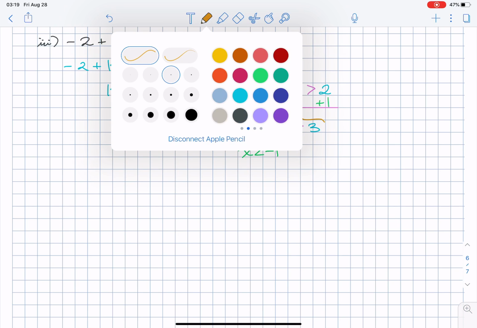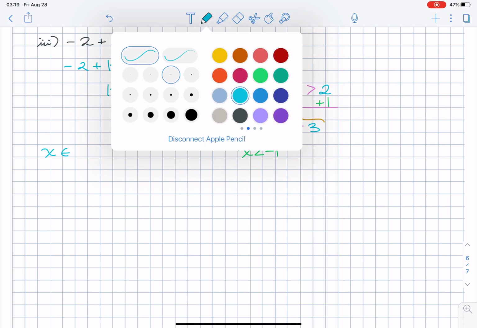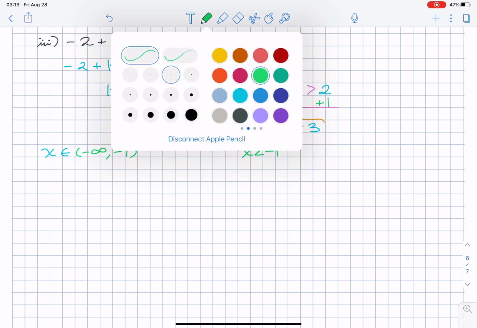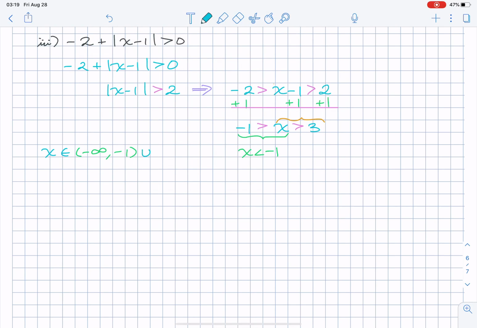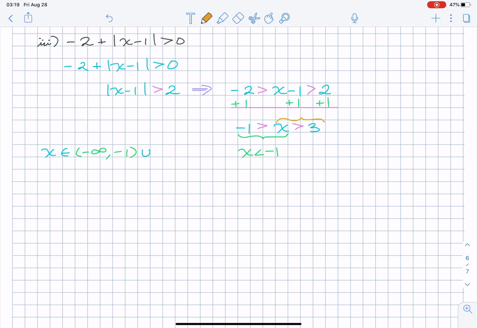Okay, so the solution would be x is between, well, x being less than -1 means it's everything to the left of -1, which is -infinity to -1. Or if x is greater than 3, that's from 3 to infinity, all the way to the right.